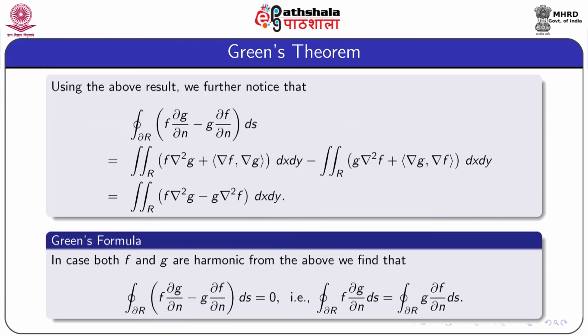Using the above result, we further notice that the integral over ∂R of (f ∂g/∂n minus g ∂f/∂n) ds equals the double integral over R of (f nabla squared g minus g nabla squared f) dx dy.